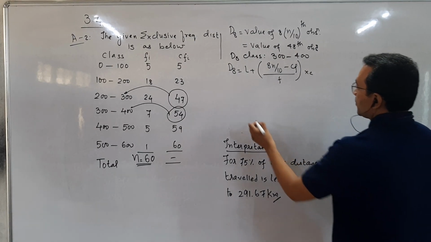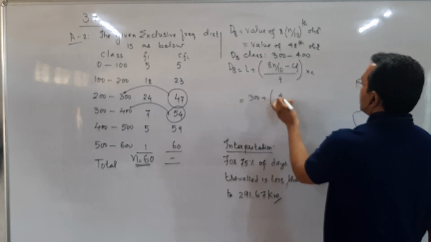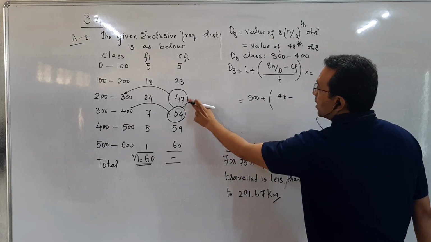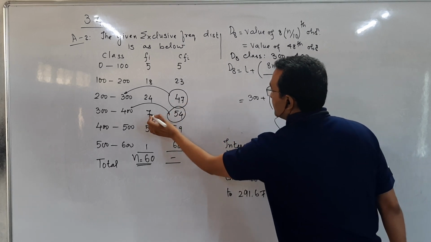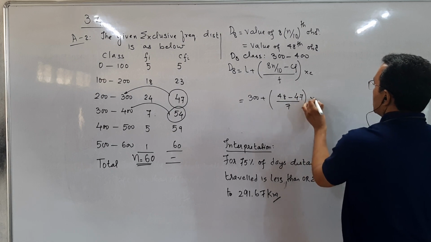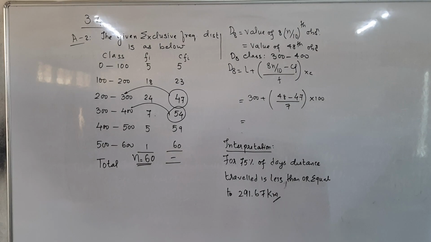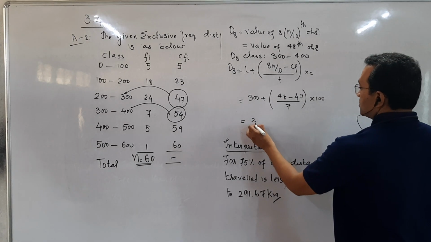So L, lower boundary point is 300, 8n by 10 is 48. CF of the above class is 47, and f is 7. So 47 upon 7 into 100. So this will turn out to be, students, 314.29 kilometers.